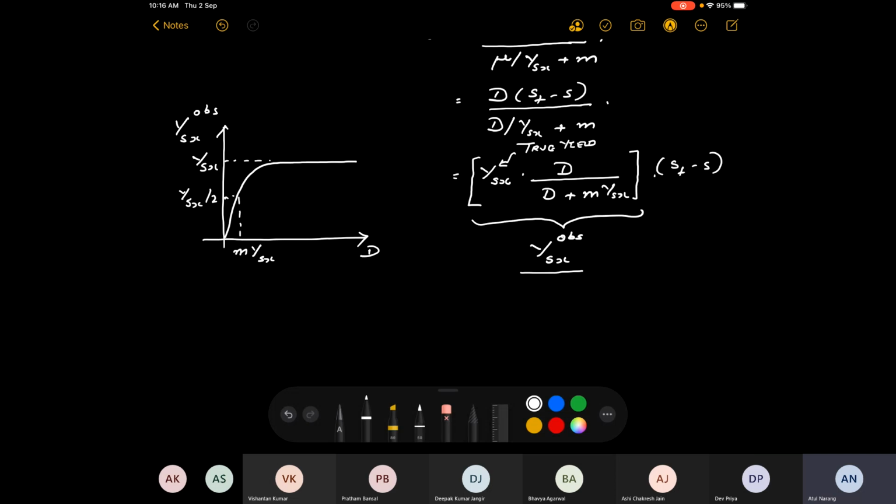And this lumped quantity here is referred to as the observed yield of biomass. This is the true yield of biomass. Okay? And you can see that basically it is a hyperbolic function.